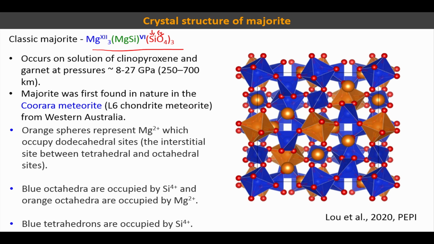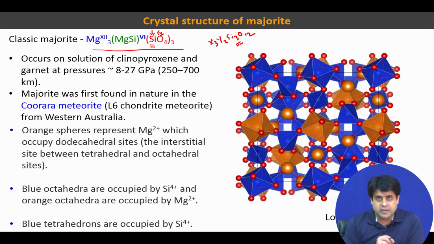But in majoritic garnet, silicon is mostly present in four-fold coordination, but when it reacts with the clinopyroxene, your silica proportion will increase. In garnet, the formula is X3Y2Si3O12, so you have three silicon atoms in the pure garnet structure.